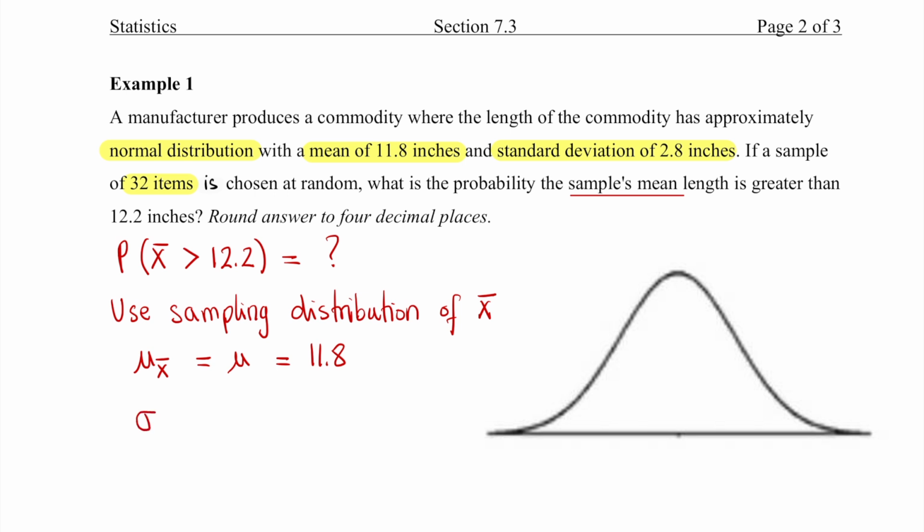Sigma of X bar equals sigma over square root of n. Sigma is 2.8 and n is 32. So we have 2.8 over square root of 32.